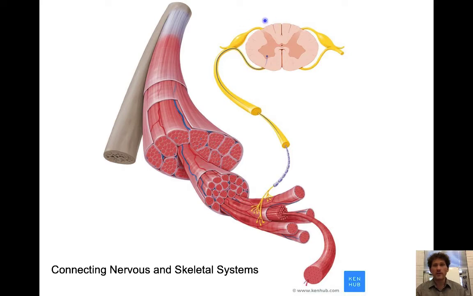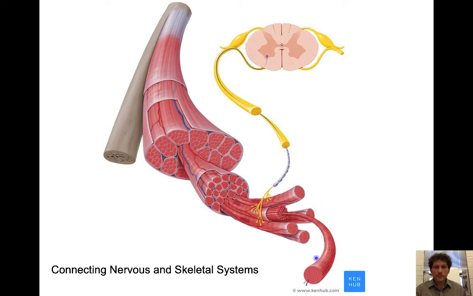And then we're going to be talking about how our nervous system is interacting with our muscular system. So you can see up here a cross section through that spinal cord. We've got this lower motor neuron coming out of that anterior horn, running out through our spinal nerve. And here's that little axon popping out, again, not to scale here, and those little axonal terminals, synaptic terminals, that are going to communicate with our muscles here.